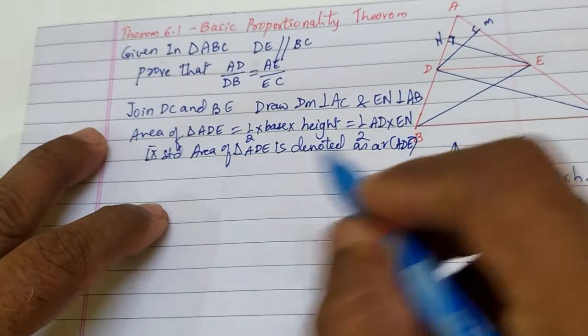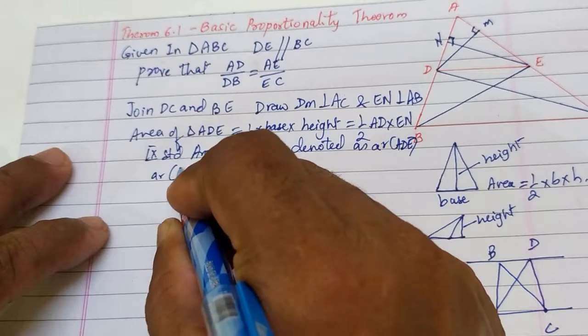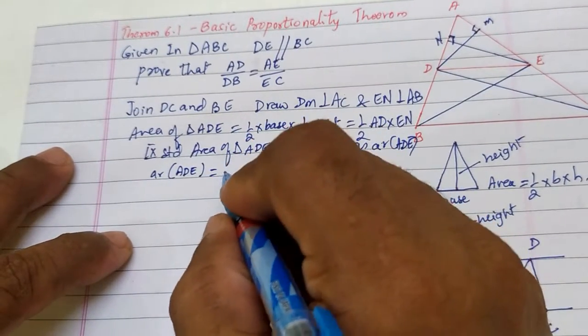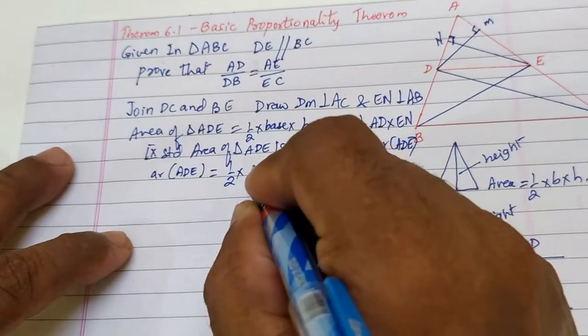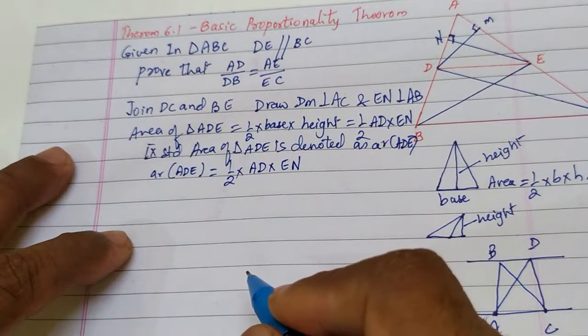This is the way we write it. So the area of ADE is half into AD into EN.